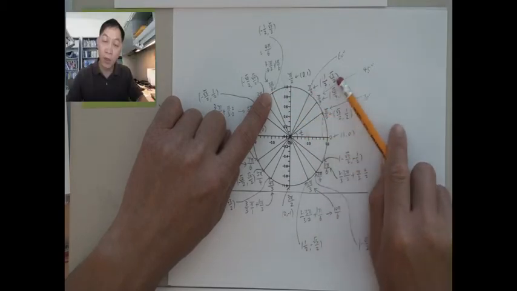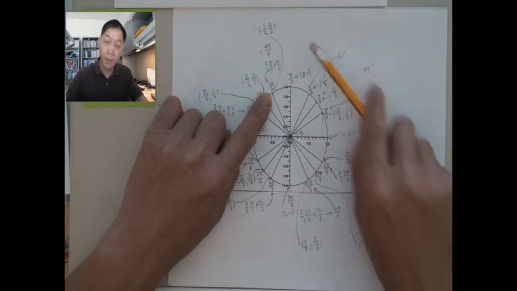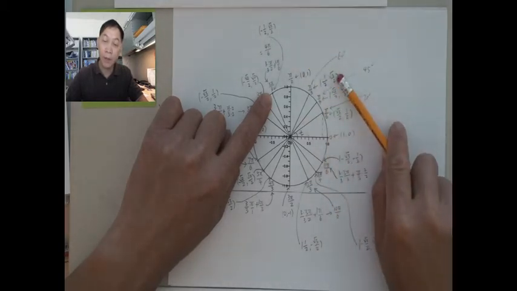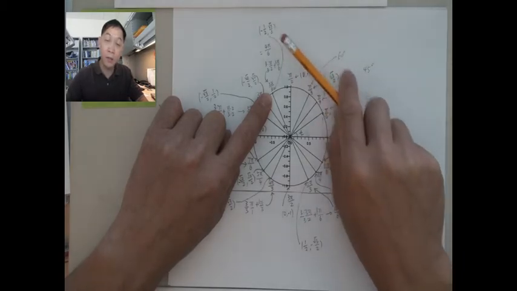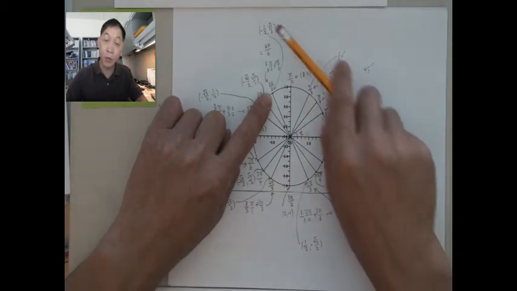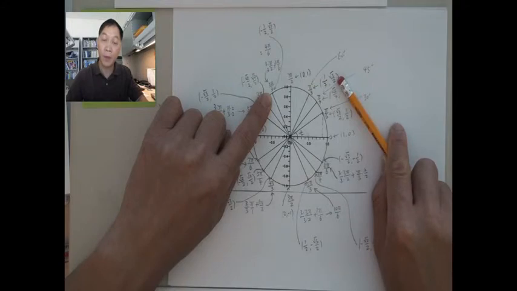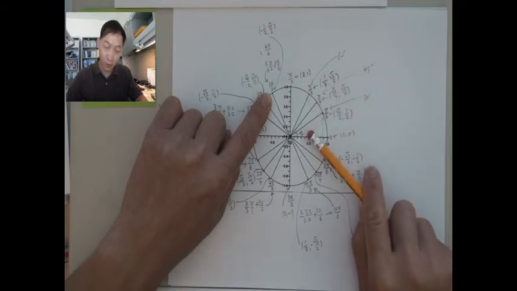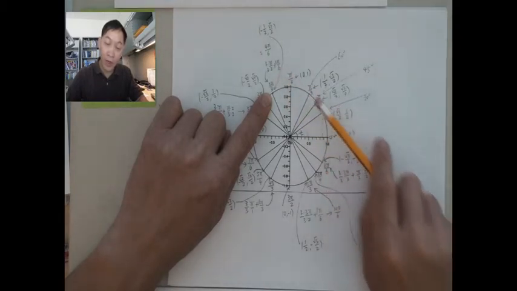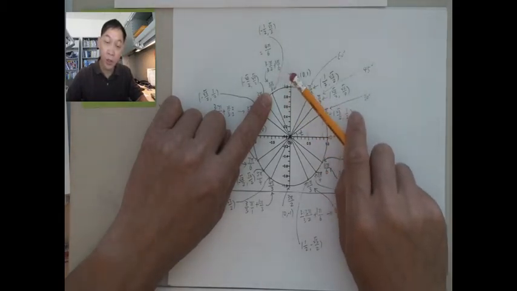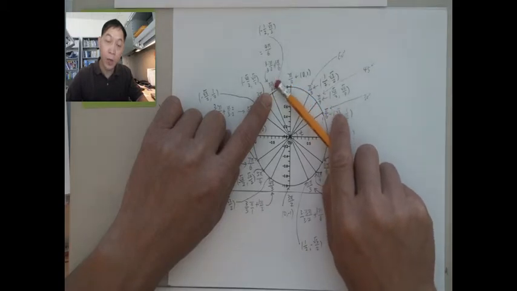And then y coordinates would be the same. Okay, and then y coordinates is sine. So sine these 2 angles would be equal. Okay, yeah, sine pi over 3 equals sine 2 pi over 3.